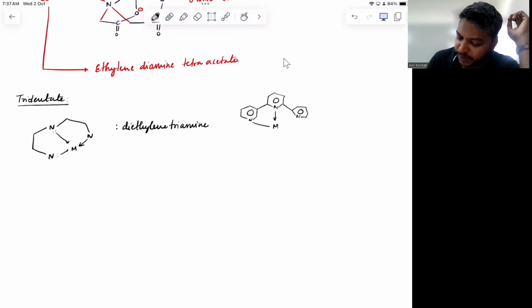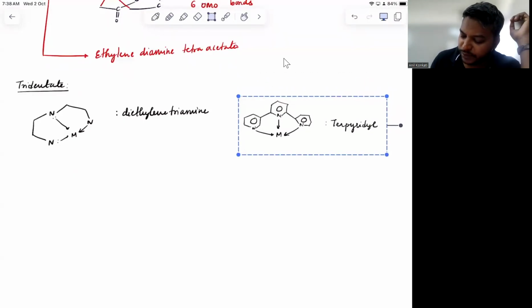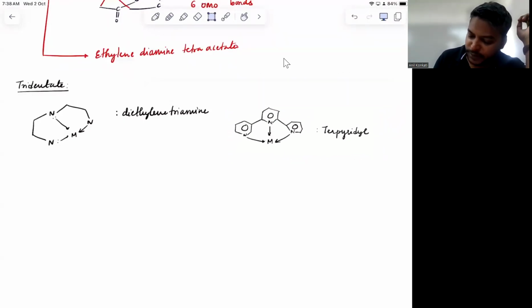So connecting from here, from here, and from here. This is also pyridine. So this is terpyridyl, another case. These two are good examples of tridentates.